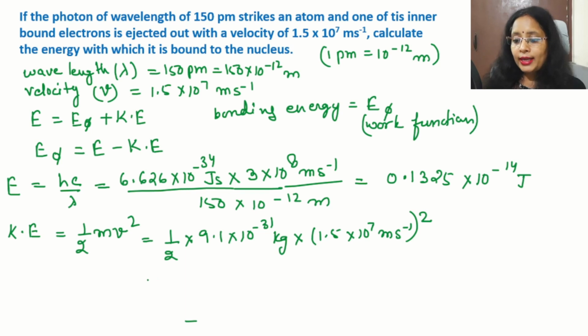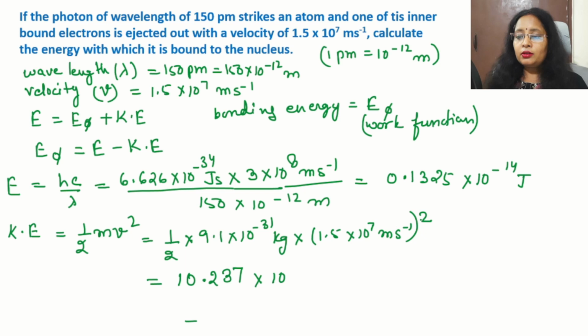Now how to do the calculation? 9.1 multiplied by 1.5 into 1.5, because 1.5 comes under the square. Now the whole value will be divided by 2 and we get the value 10.237 into 10 to the power.